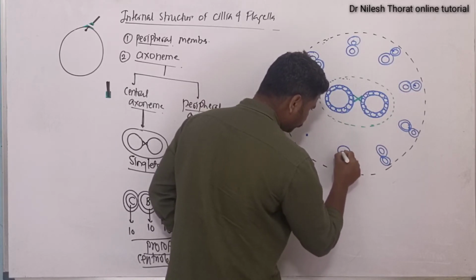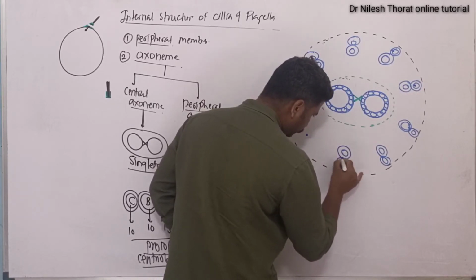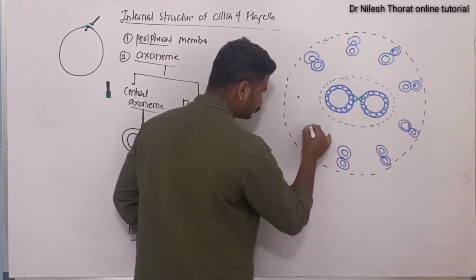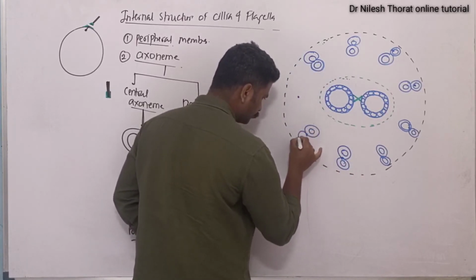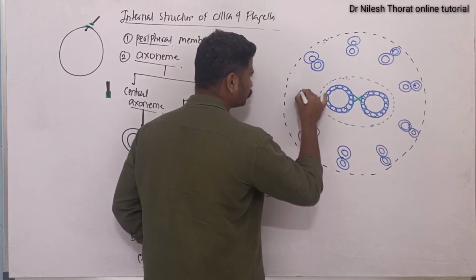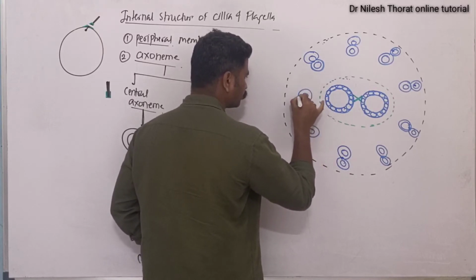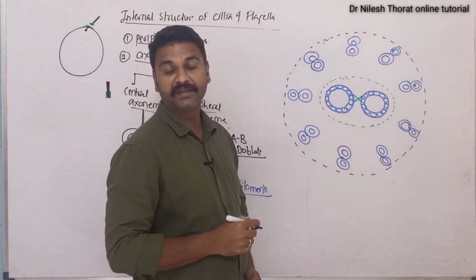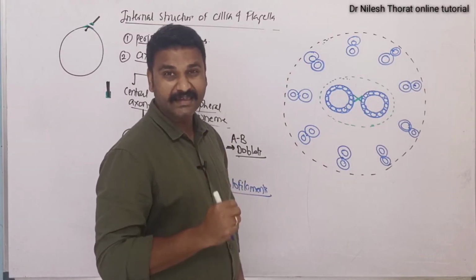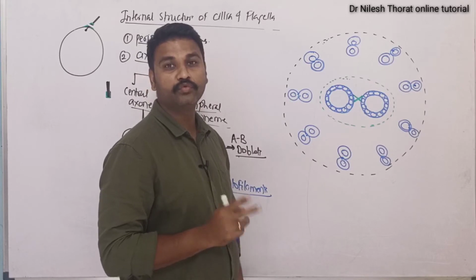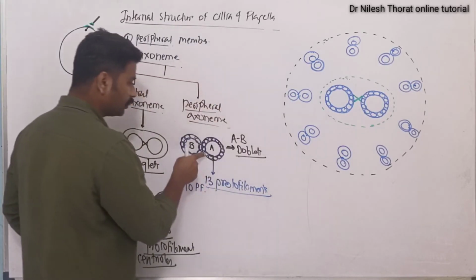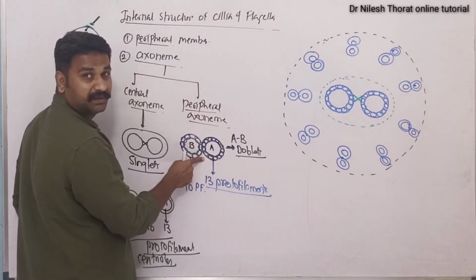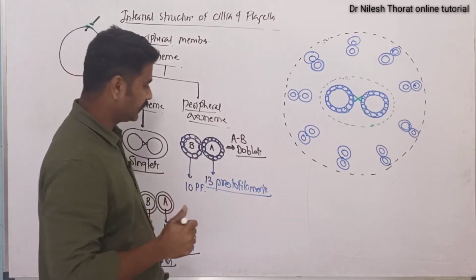Inner A and outer B tubule. These doublets, the peripheral doublets, the inner A tube will also have two side arms. So A tube of a doublet will also have two side arms.